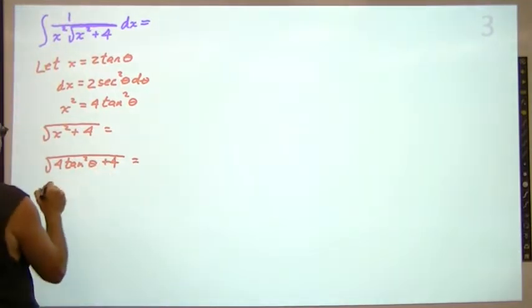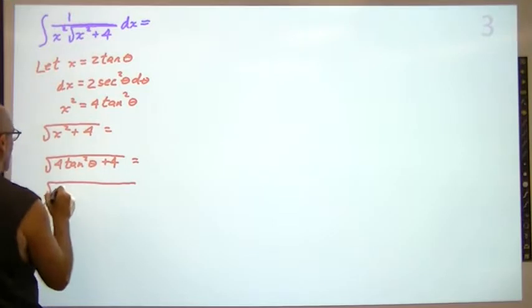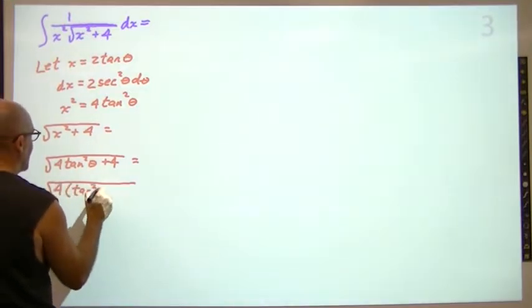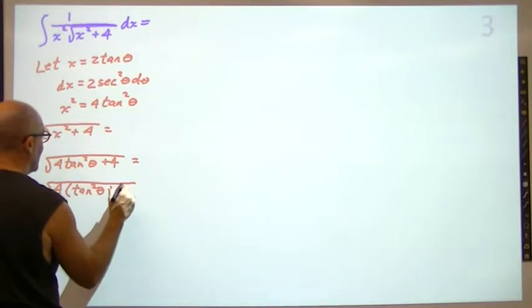Now we factor a 4 out, so we have the square root of 4 times tangent squared theta plus 1.